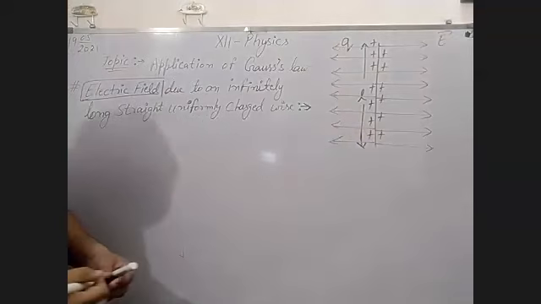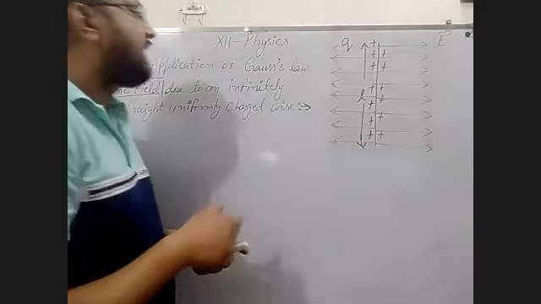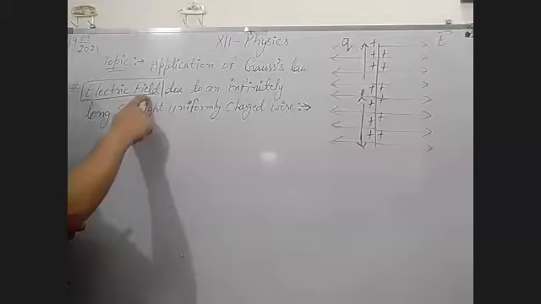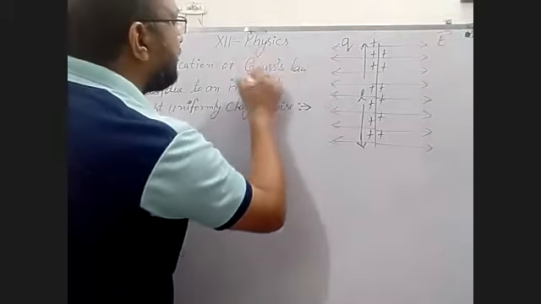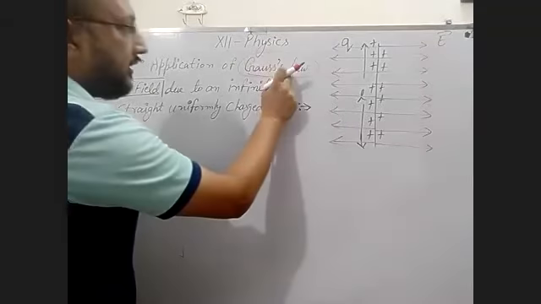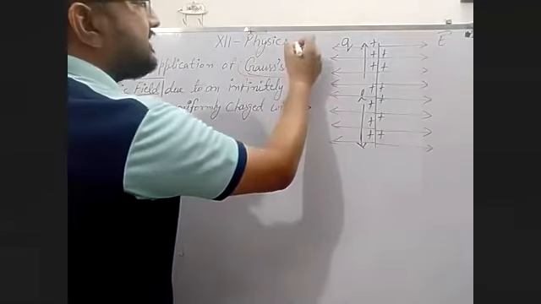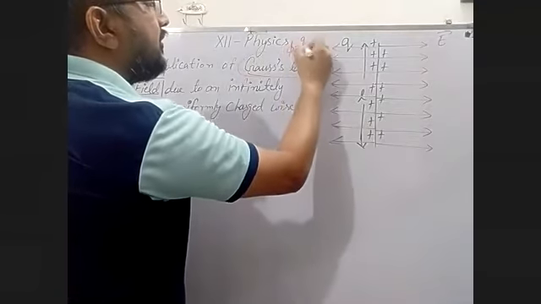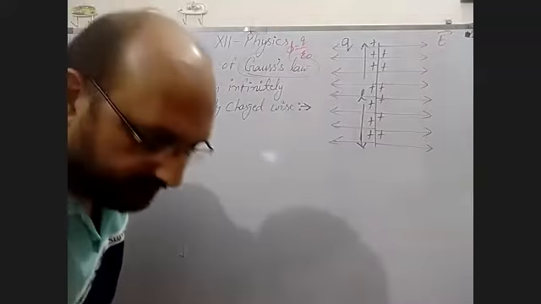I hope no problem. Now, how can you calculate the electric field? One thing more: you are studying the application of Gauss law, so you have to use this law. You know very well, Gauss law is phi equals Q upon epsilon.